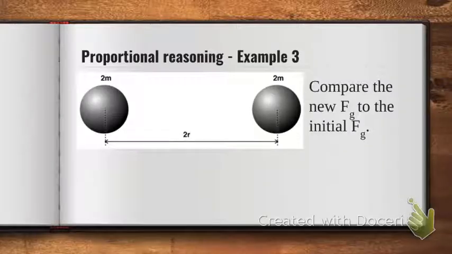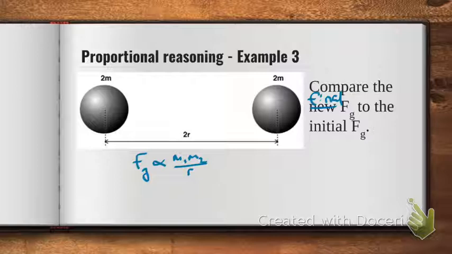Example 3. So now we are doubling both of the masses and we are doubling the distance between them. So we want to compare our final force of gravity to the initial force of gravity. Force of gravity is proportional to our equation m1 m2 over r squared. In this case, our new coefficient of the first mass is 2.